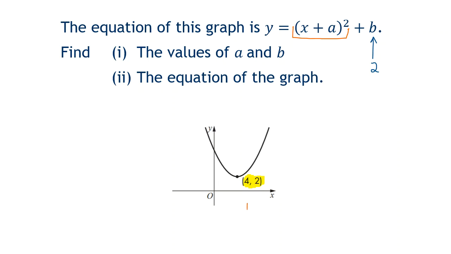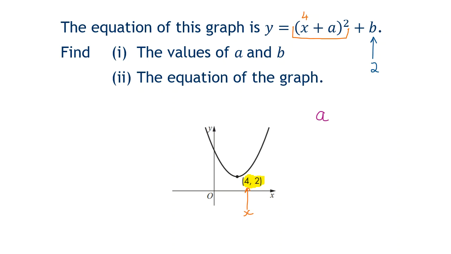Now since we know that x is equal to 4 from this turning point, then if we make this x equal to 4, we need to think what must go in place of a to make that bracket 0. Well, a must be negative 4. So 4 minus 4 will give that bracket of 0. So when a is negative 4, the bracket will be 0 and the overall value will be 2. So how do we actually write that out?